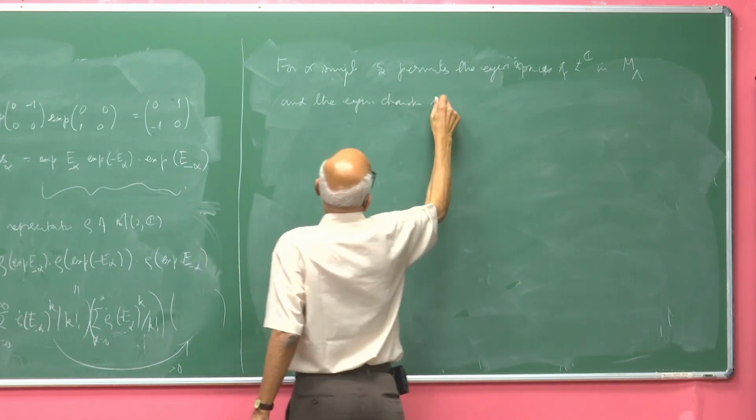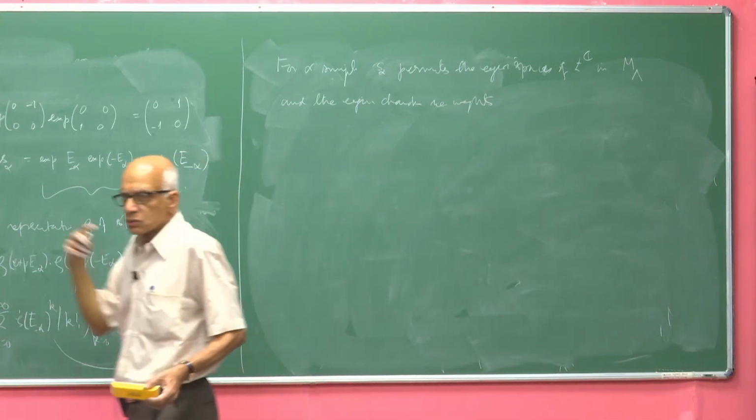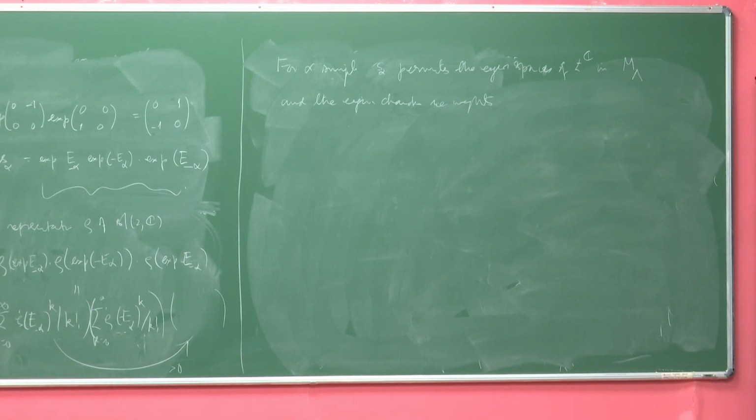Eigencharacters, that is weights. So, in other words, we have an action of the Weyl group on the set of weights of the representation.